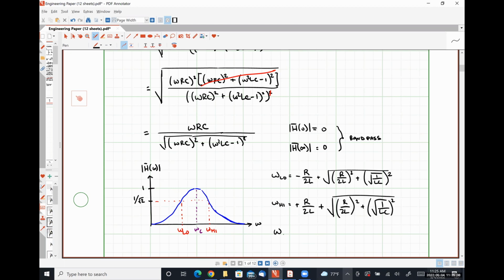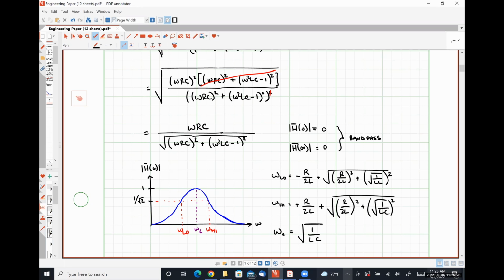And our center frequency, omega C, is simply the square root of 1 over LC. So it's extraordinarily similar to what we saw for a series RLC circuit.